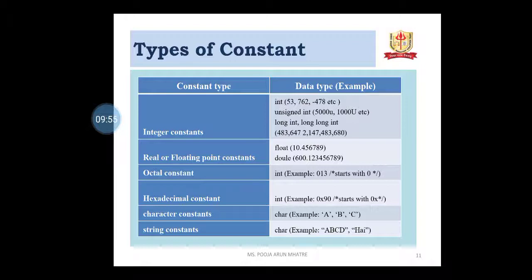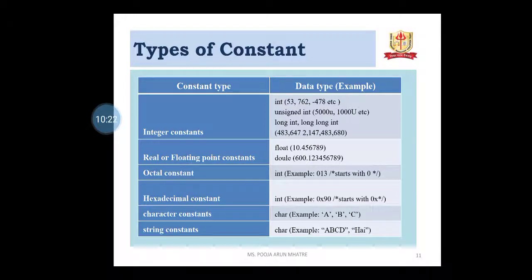For example, int: 53, 1762, minus 7478, etc. Unsigned integer is 5000u, 1000u, etc. Long integer is 483643, 2147483680, etc.